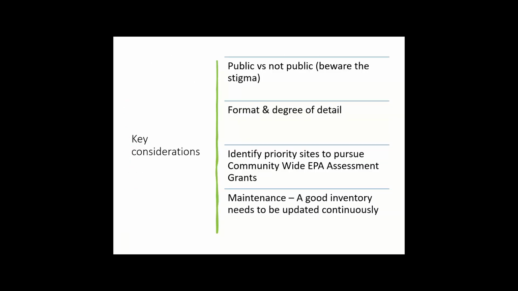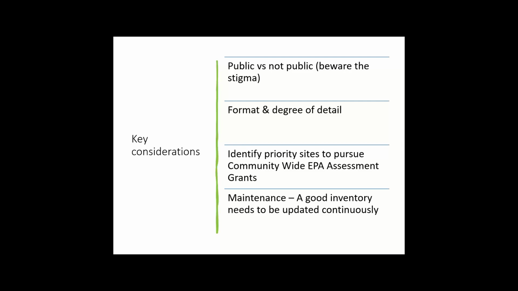So some key considerations when developing an inventory. First of all, brownfield properties could be publicly owned properties, but they could also be privately owned properties. So in many cases, once you start developing the inventory, you have to think about whether this list is going to be publicly available, or a list that the town or the community has for internal purposes.